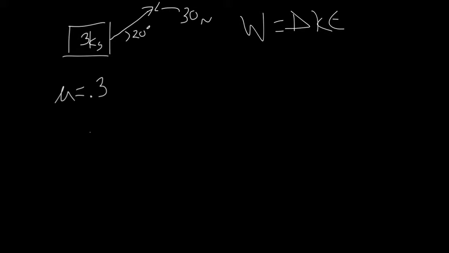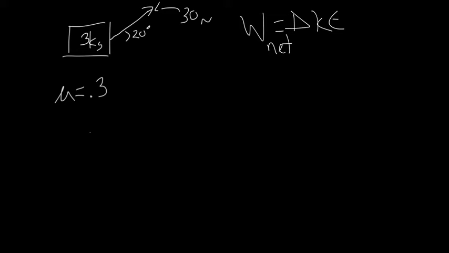And when you think about the total work done on an object, just like we have a net force, we can have the net work done, which is basically the sum of the work done by all the forces.